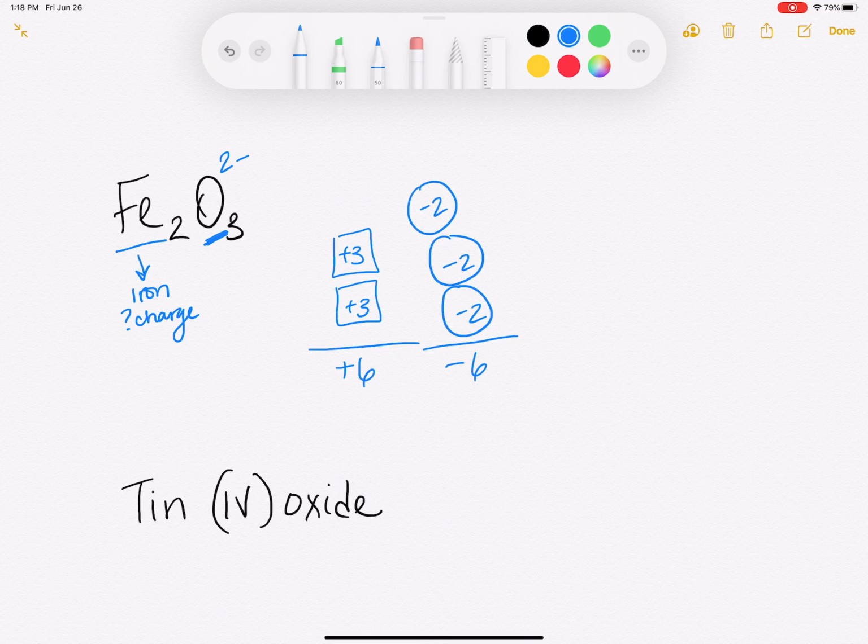Just like each of the oxygens carries a -2 charge to collectively make a -6, each of the irons individually needs to carry a +3 charge to collectively make a +6. And now when I'm going to write my charge for the iron, it's a +3. It's not a +6 because it's not the collective charge of both of the irons.